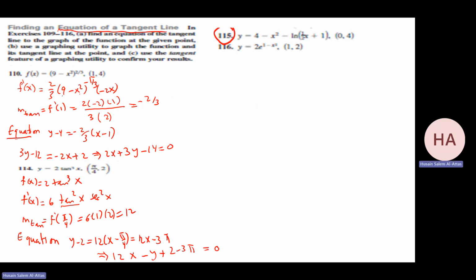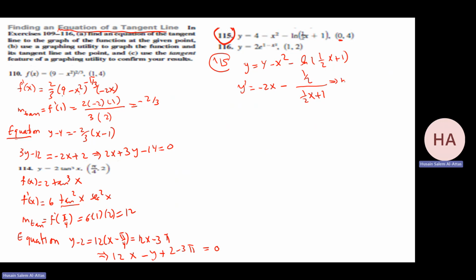Okay. Next one, 115. Y is 4 minus x squared minus ln of half x plus 1. I need to find the slope at 0, and the derivative at 0. Y prime is minus 2x minus half over x plus 1. Here we have half.